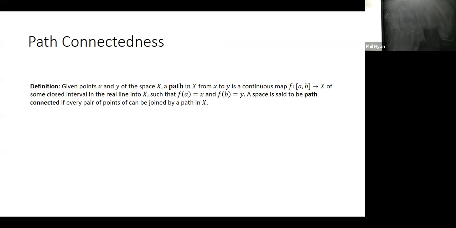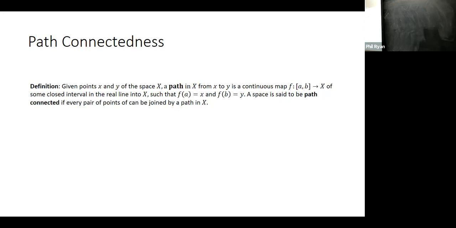Okay, so since I talked about paths, let's make that a little bit more rigorous. Given any two points x and y in a space X, a path in X between those two points is a continuous map f from a closed interval [a, b] in the real line to X, such that f of a is x and f of b is y.